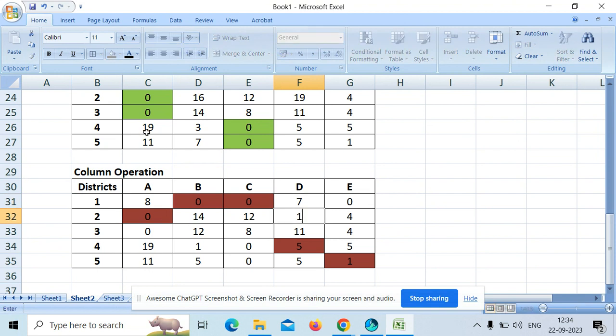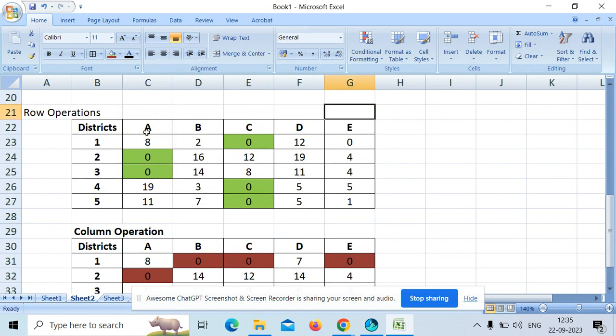Here 7, 19 minus 5, 11 minus 5, 5 minus 5, 0, 5 minus 5, 0. Here 0 is the smallest number, the highlighted one.